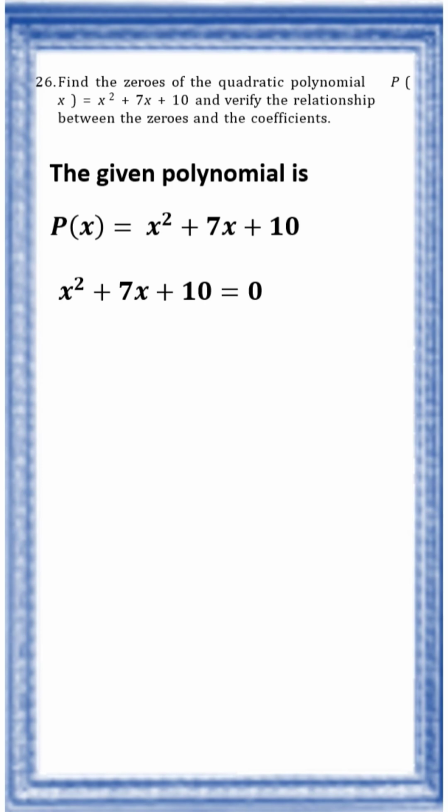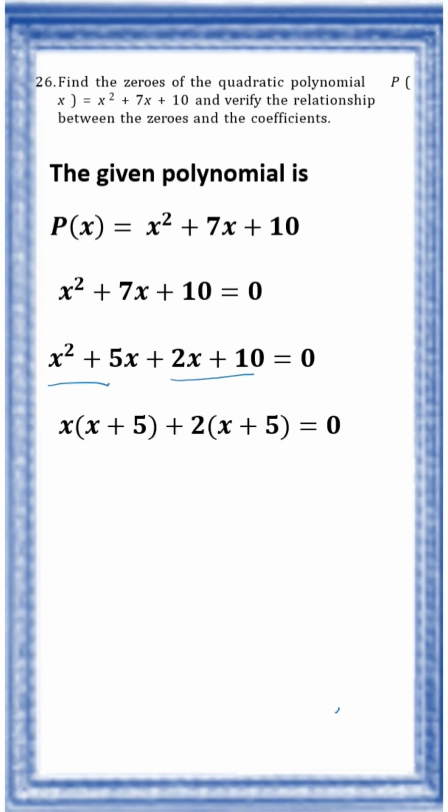5 plus 2 is 7, 5 into 2 is 10. So now let us write it as x square plus 5x plus 2x plus 10 is equal to 0. Now let us group it and take the common factors. So it is equal to x into x plus 5 plus 2 into x plus 5 is equal to 0. Here x plus 5 is common.